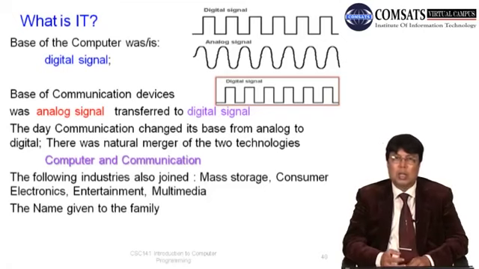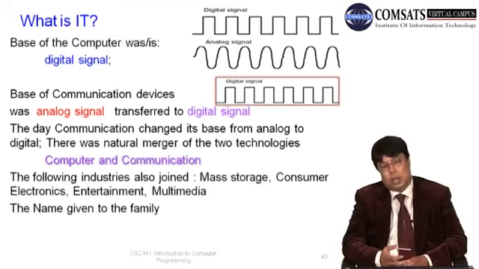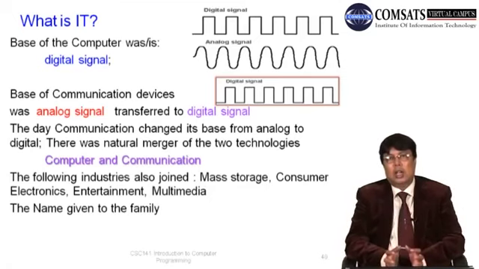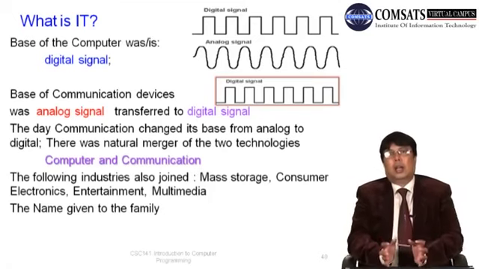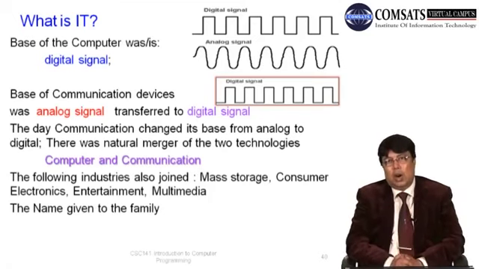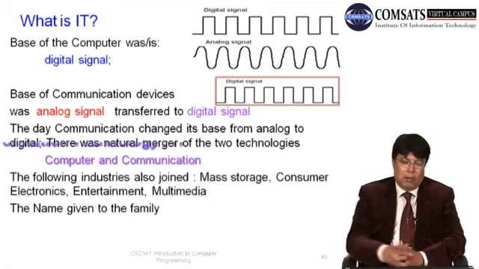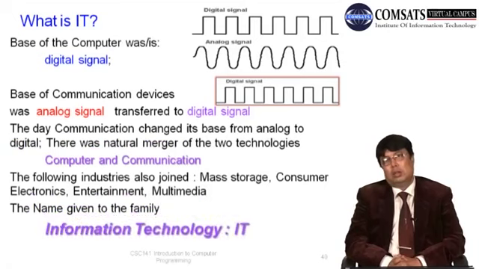So the computers, the communication, the mass storage, the consumer electronics, the entertainment, the multimedia, they all came in and integrated into one single टेक्नोलॉजी. और इस भानुमति के कुनबे का जो नाम रखा वो that name was information technology.